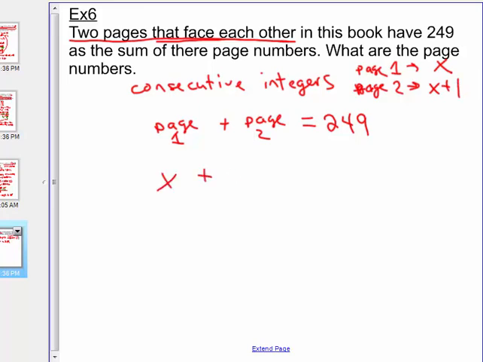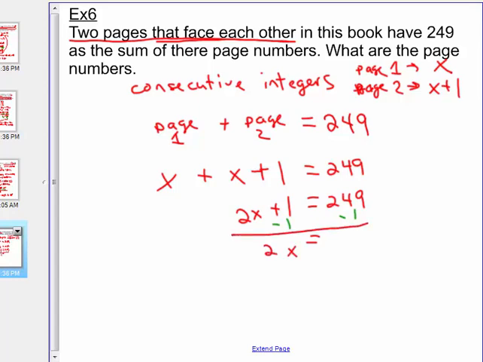So that's what I'm going to use, x and x plus 1 here, and that equals 249. Are there different ways to solve this problem? Yes. But we do want to get used to using x, x plus 1, x plus 2, that type of variables. We do want to set up an equation for this.